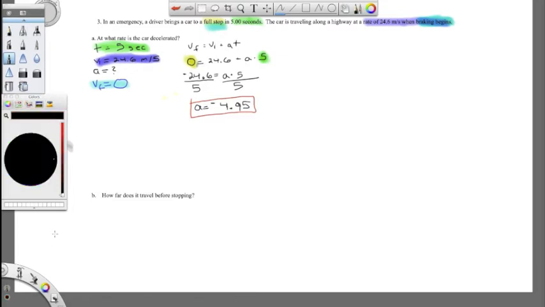Now, moving on to question B. How far does it travel before stopping? Now, we know our time is 5 seconds. We know our initial velocity is 24.6 meters per second.